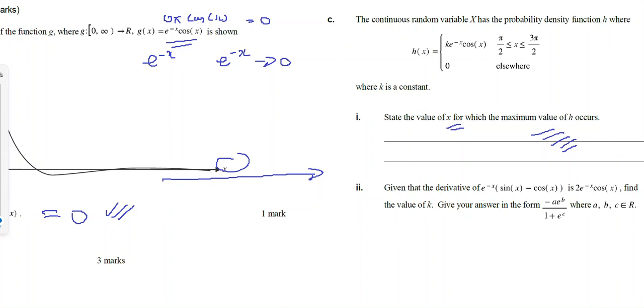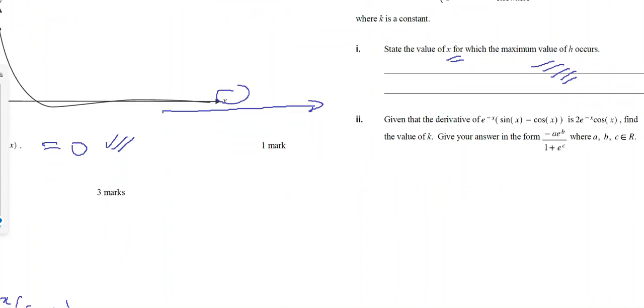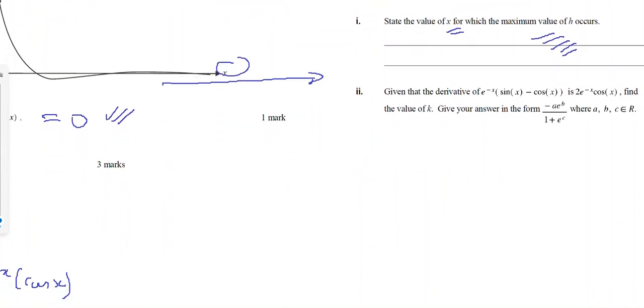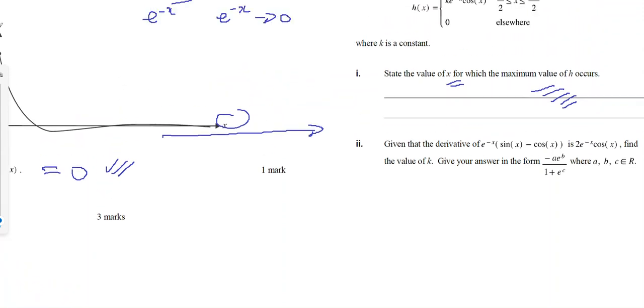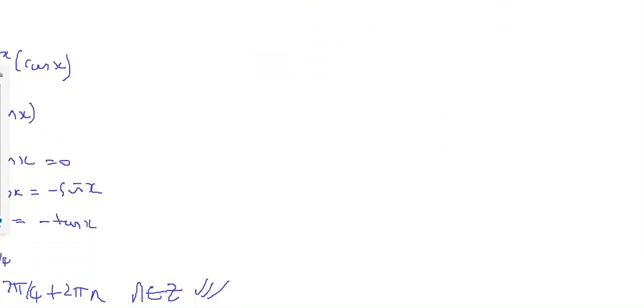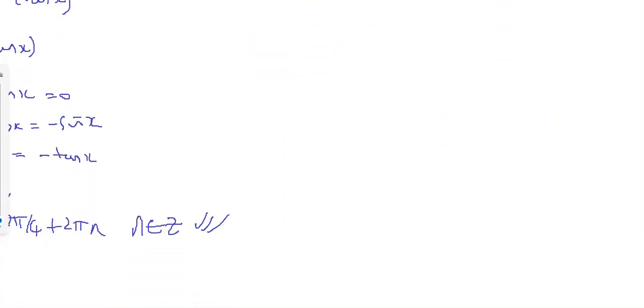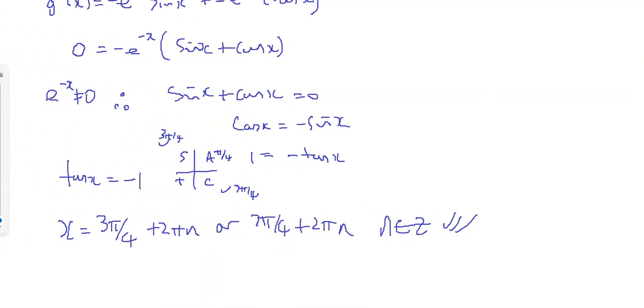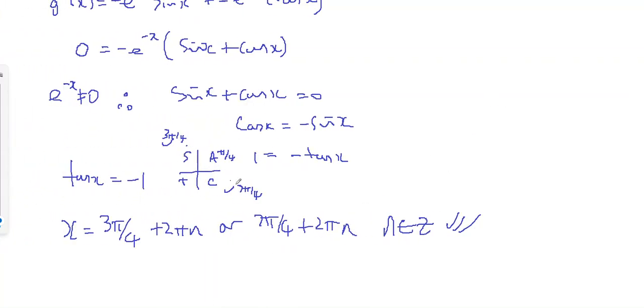The maximum value of h is going to occur at either 3 pi on 4 or 7 pi on 4, because that's when the gradient is 0.